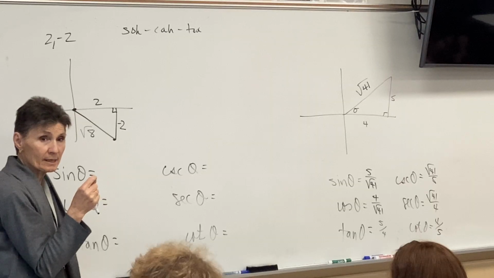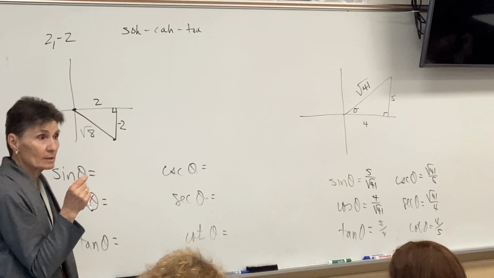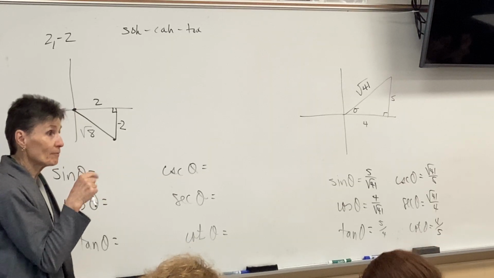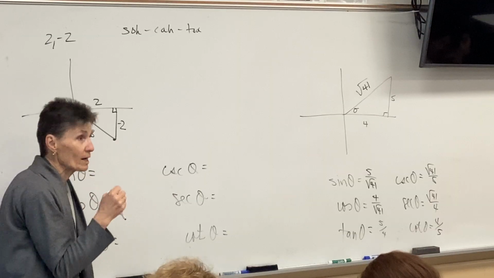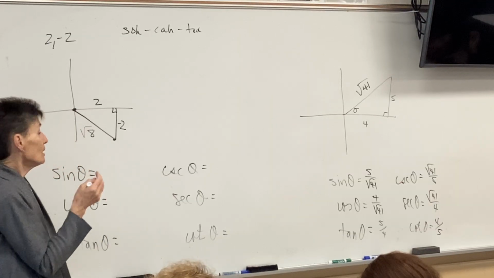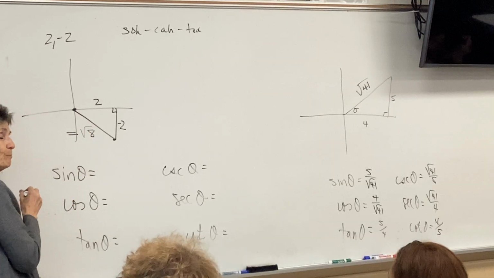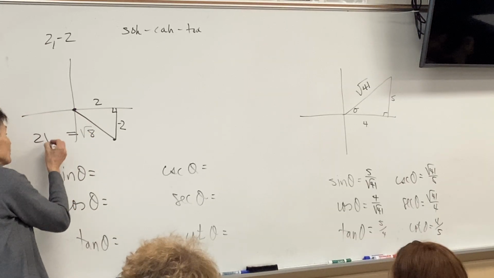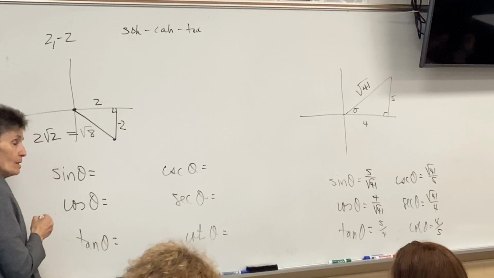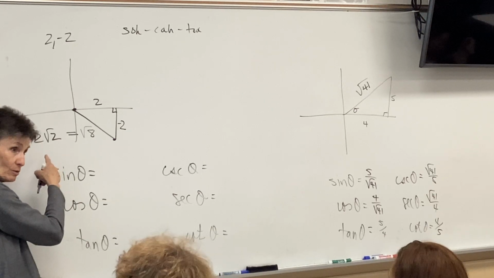It actually simplifies. So you have to simplify, just like reducing fractions, you have to do it. So how does the square root of 8 break down? 2 radical 2, perfect. So that is going to be my hypotenuse.